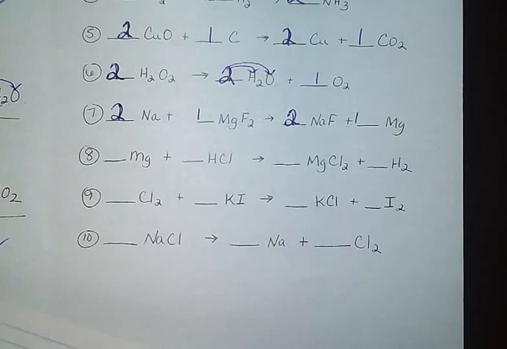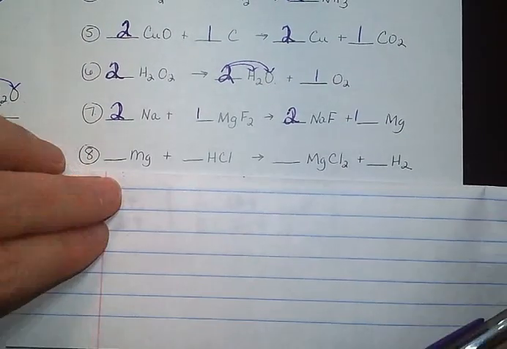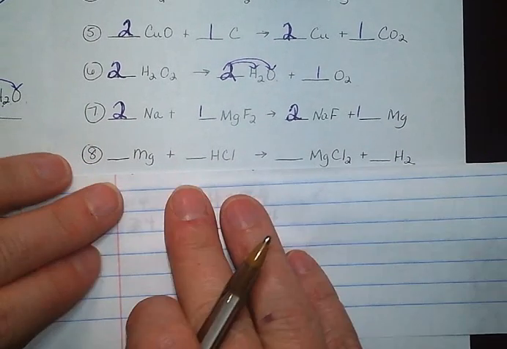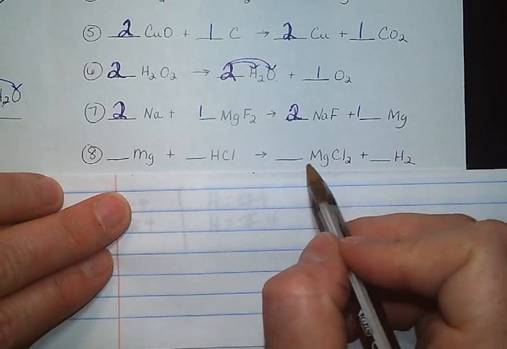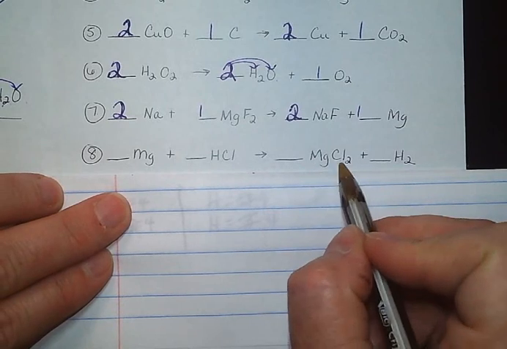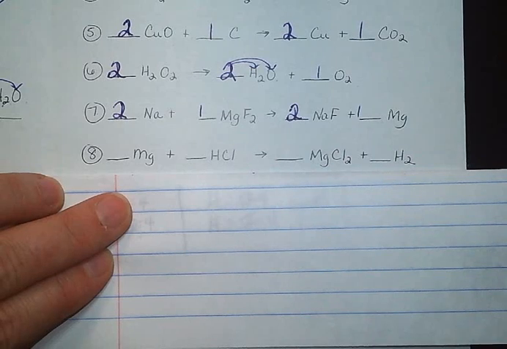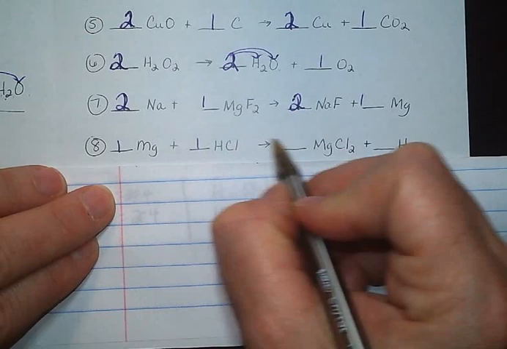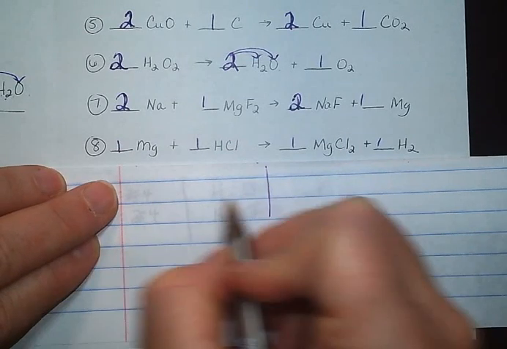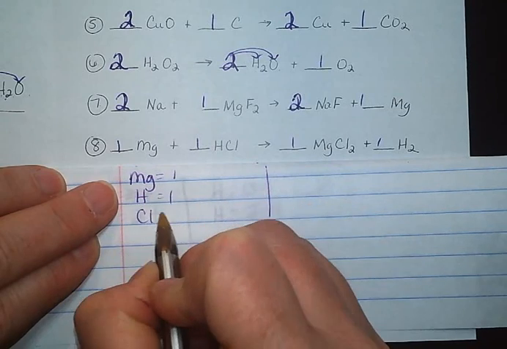All right, number 8. Magnesium and hydrogen chloride, or hydrogen monochloride, I guess that would be, and then magnesium dichloride, nope, I lied, magnesium chloride and hydrogen. That's an ionic bond, I don't use my prefixes. Alright, so if I put 1s in here, magnesium is 1, hydrogen is 1, and chlorine is 1.